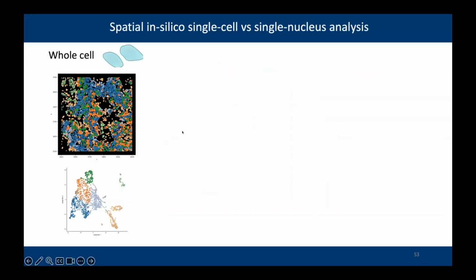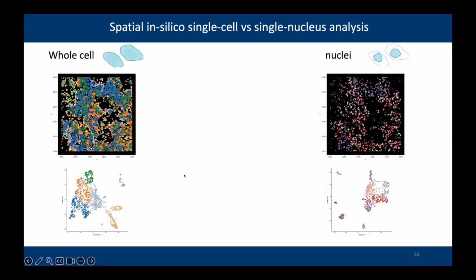Another simple thing you can do is what I like to call a spatial in silico analysis of single cell versus single nucleus, where you say, as a spatial unit, I want a whole cell, and let me see what annotations you get. But if you do something similar and only take the nucleus, do you see the same cell types or not?